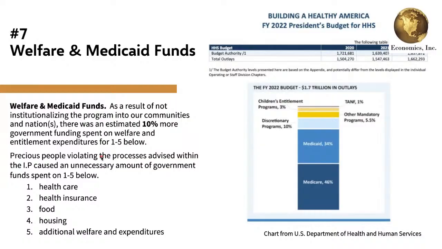So here in Oklahoma and the United States, we have healthcare, health insurance, food, and housing. And so we would be focusing on limiting how many people qualify for that, so that we would have them become more independent. And we would do the same thing in Nigeria, Africa.